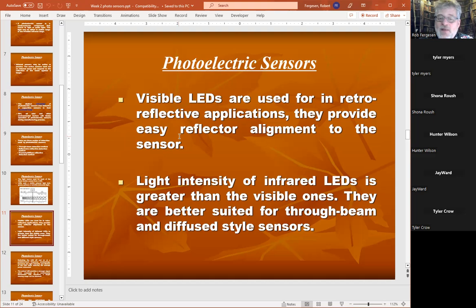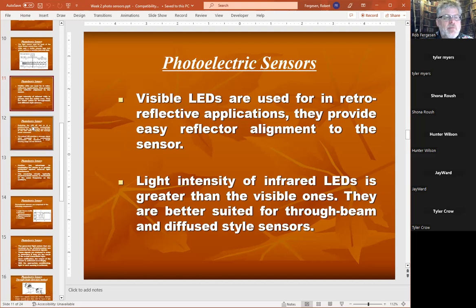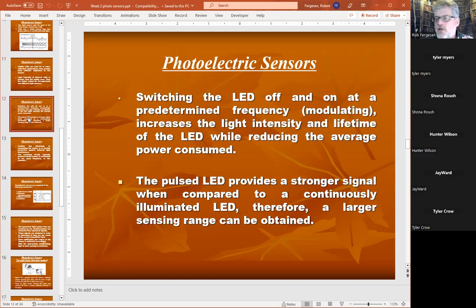That doesn't happen anymore. Now those beams are completely invisible. They're infrared. You would need special glasses to see them in the infrared spectrum. So red LEDs are very uncommon nowadays for any kind of sensors.